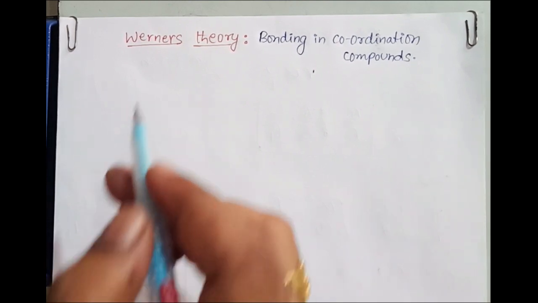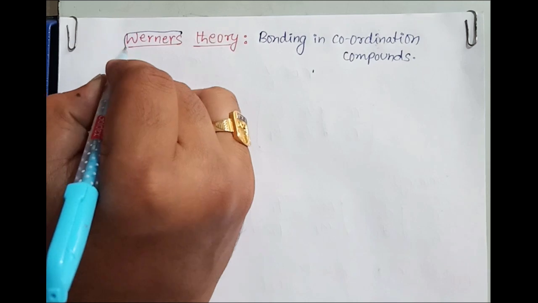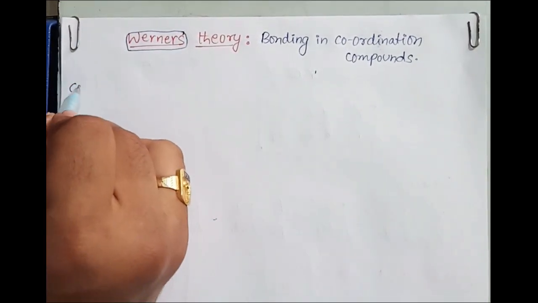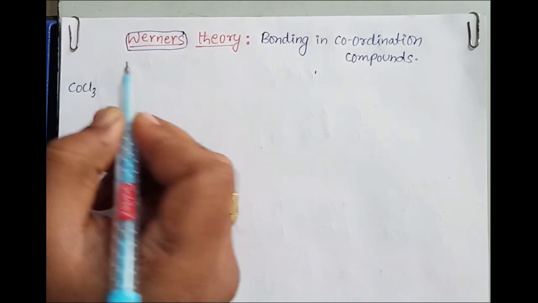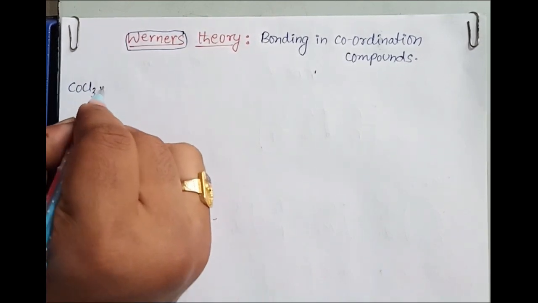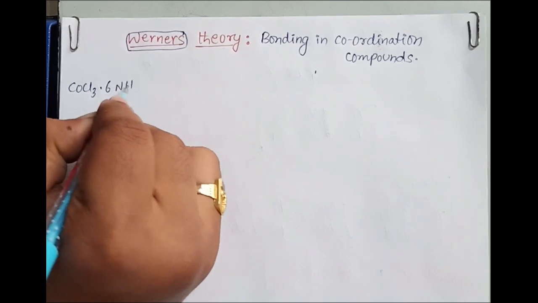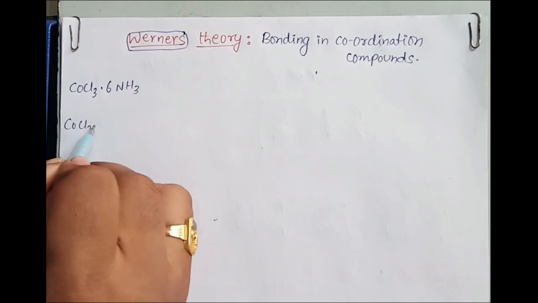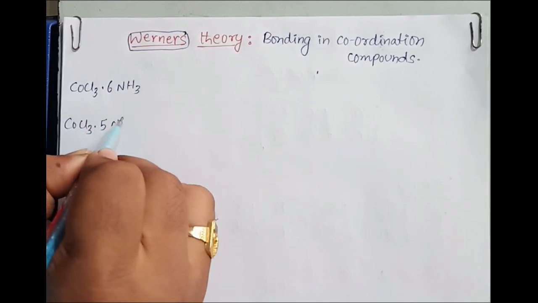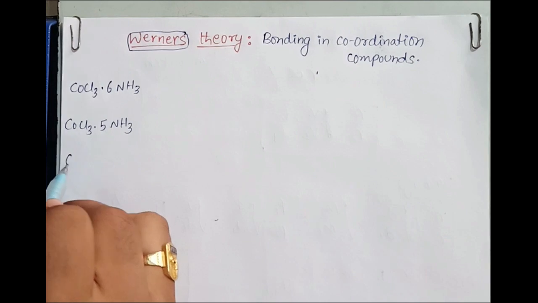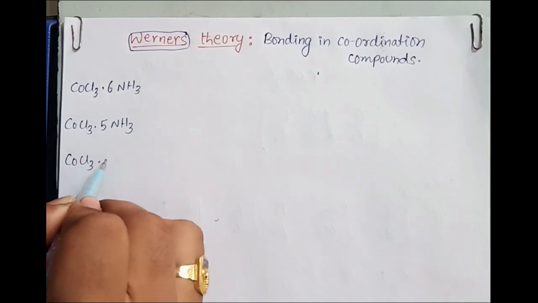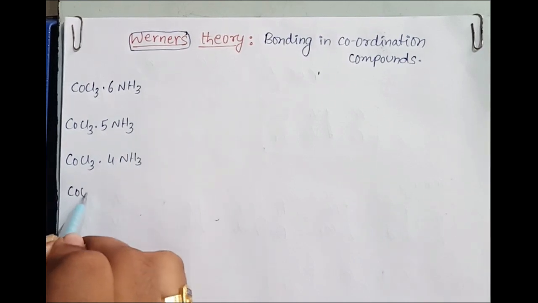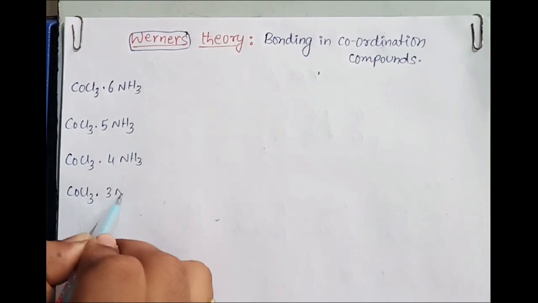What Alfred Werner did is he took four compounds: cobalt trichloride with 6NH3 molecules, cobalt trichloride with 5NH3, cobalt trichloride with 4NH3, and cobalt trichloride with 3NH3.